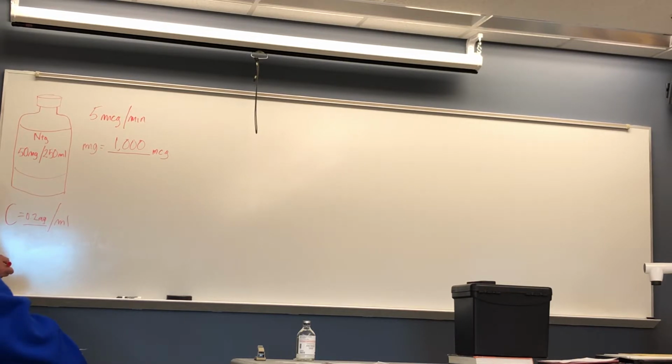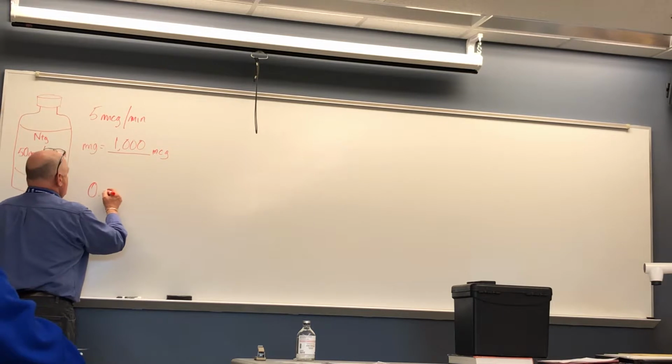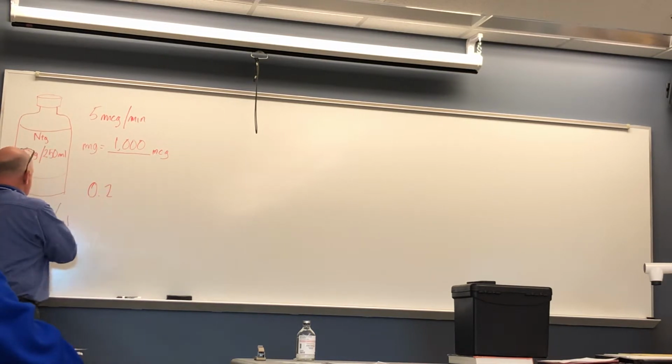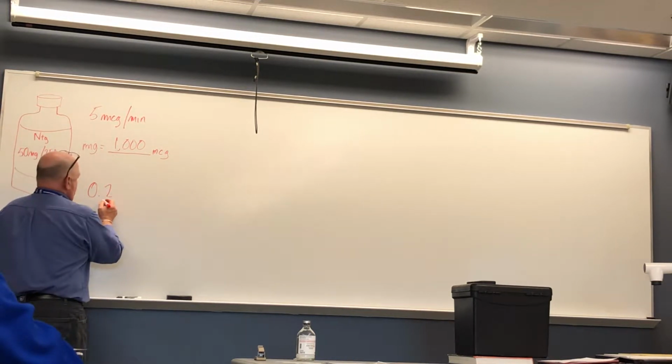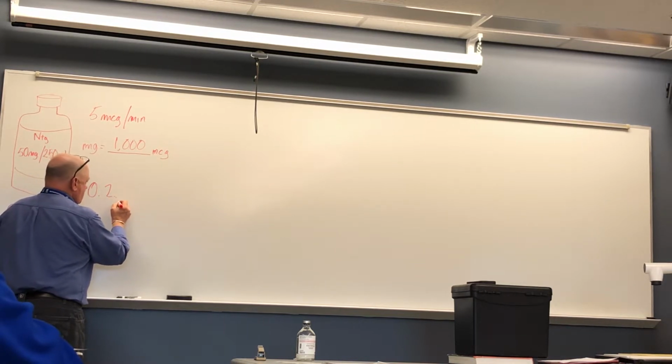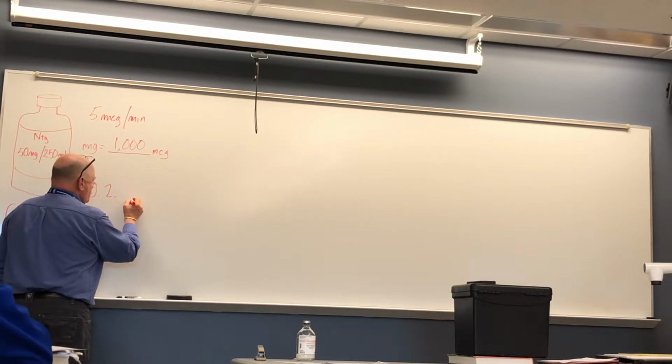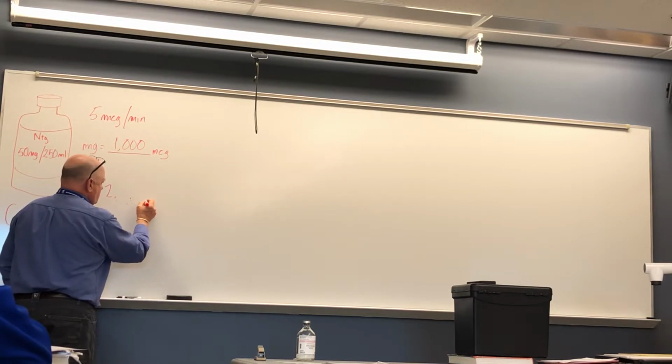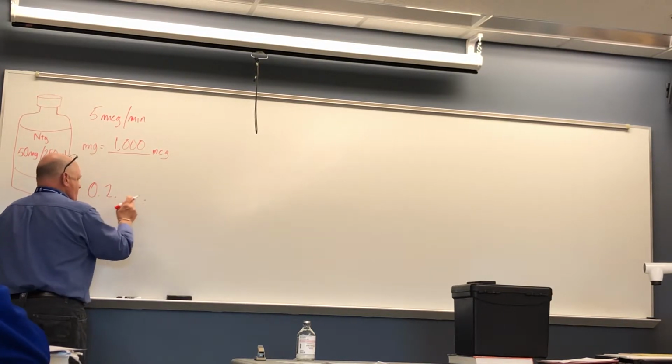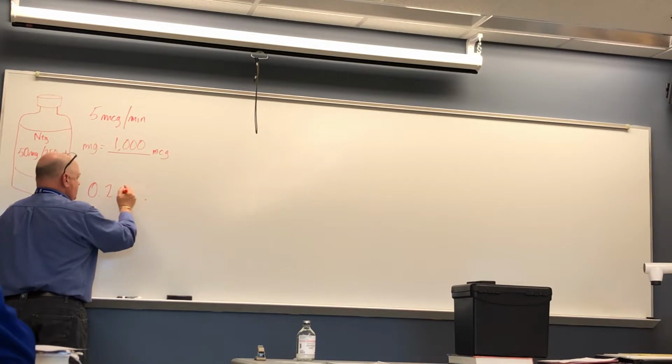So what do we got to do with that? Move that decimal over 3 to the right. All right, so there it is. There's your 0.2 milligrams, and so watch, here we go: 1, 2, 3. That's where that decimal point's gonna live.